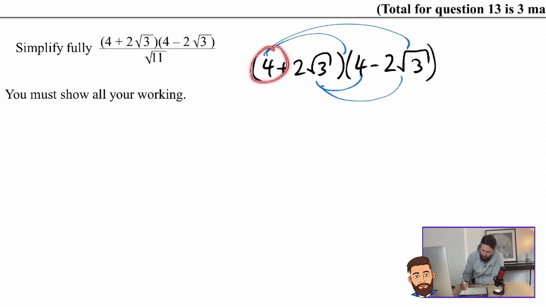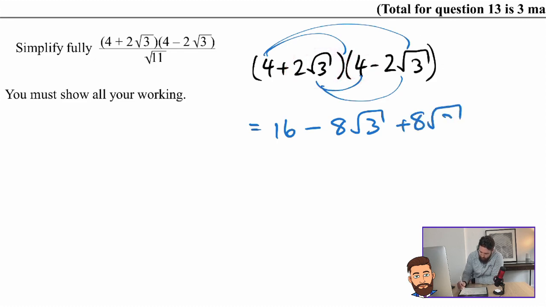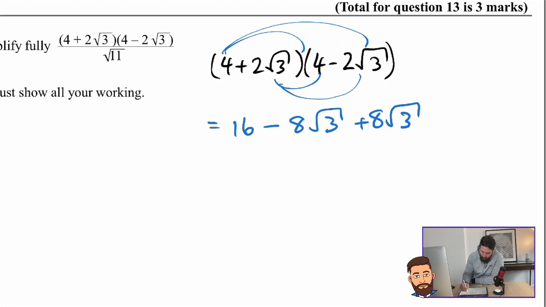So we're going to do 4 times 4, 16. I'm going to do 4 times, careful, minus 2 root 3 would be minus 8 root 3. Then 2 times 4 is plus 8 root 3. And then finally, be really careful on this last one, you've got a few things to worry about.